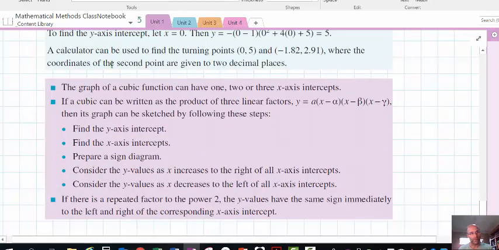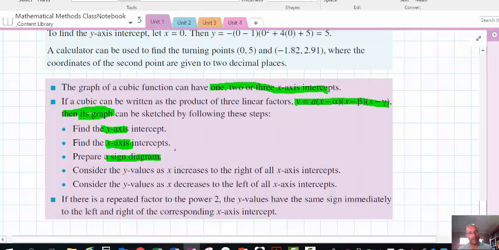So a summary, basically, let's quickly go through. So the graph of a cubic, we can have 1, 2, or 3 x-intercepts. If it can be written in that form, then to graph it or find its key features, you find the y-intercept, you find the x-intercepts.